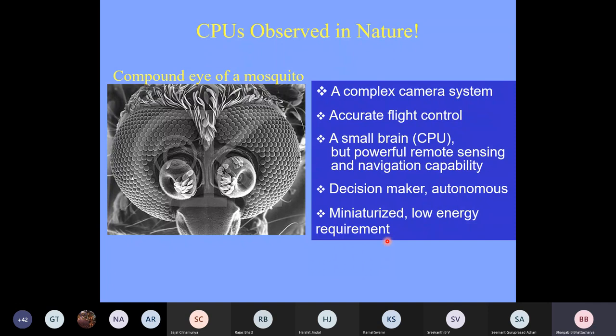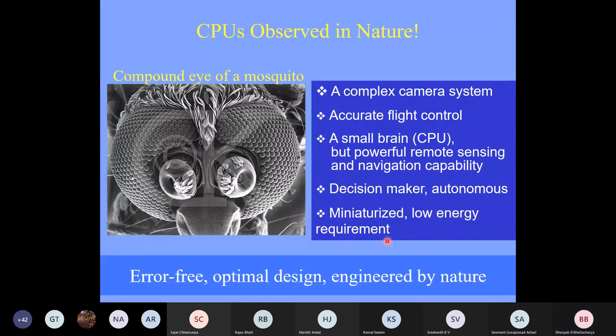When you target designing a CPU, we need to keep in mind all these parameters: it should be autonomous, it should be low power consuming, and it should be able to manage different kinds of complex sequencing. This is engineered by nature, and therefore it is error-free, and eventually an optimal design.